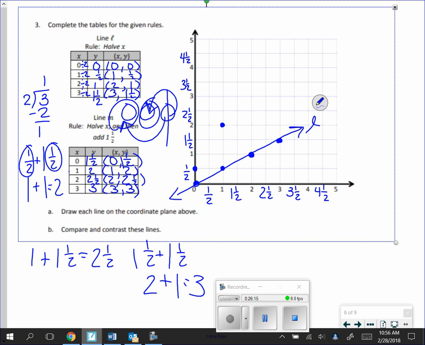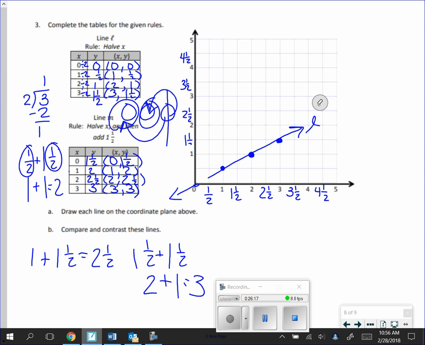Thank you. I was like, these are supposed to be parallel. Thank you. Over 1, up 2. Because I was questioning it right when I did it. So I was like, these are supposed to be parallel. Over 2, 2.5. Over 3, up 3.